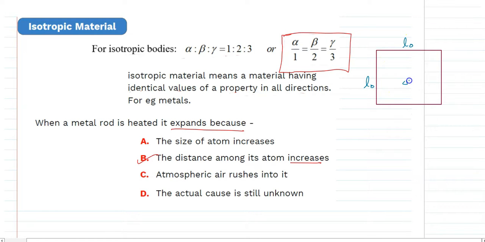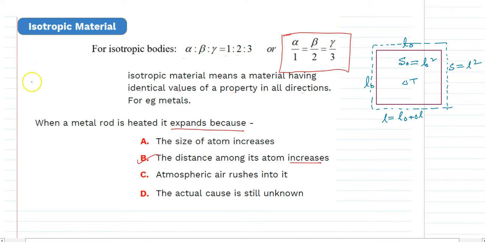With increasing temperature delta T, the length increases and its area increases also. Its length will change to L0 plus delta L, and the initial area S0 equals L0 square. Now S equals L square, where L equals L0 plus delta L.